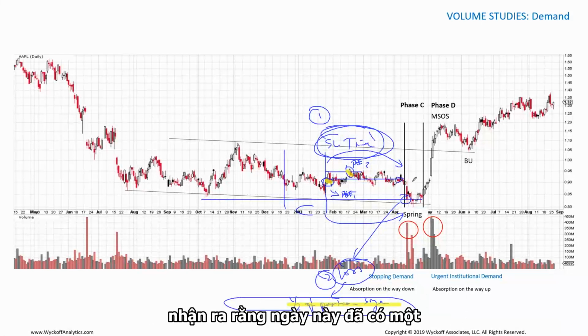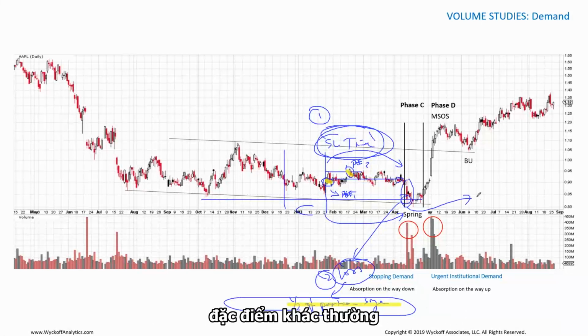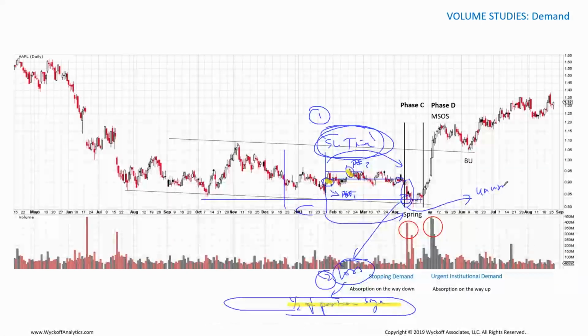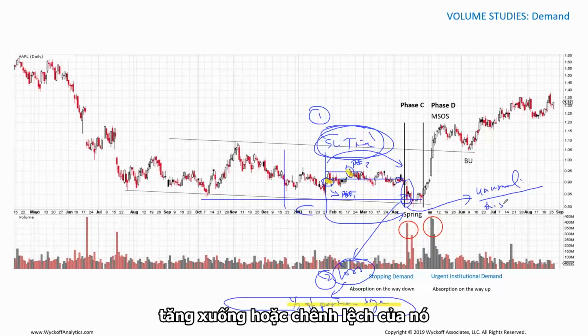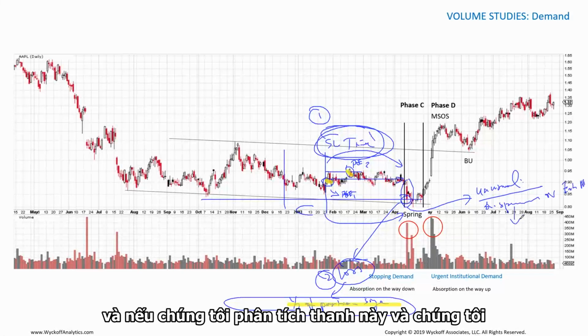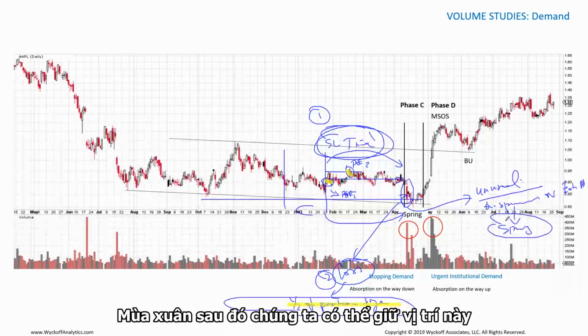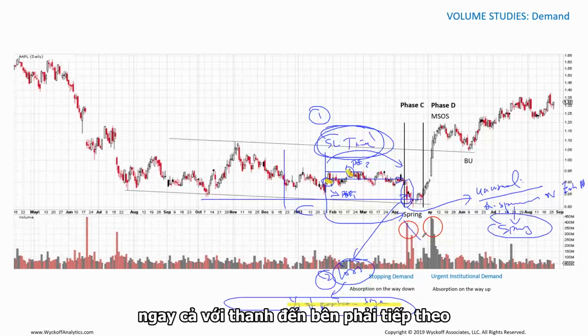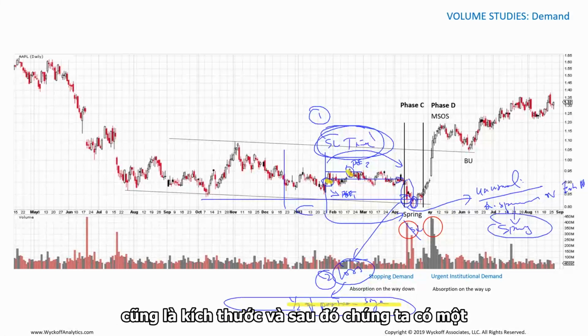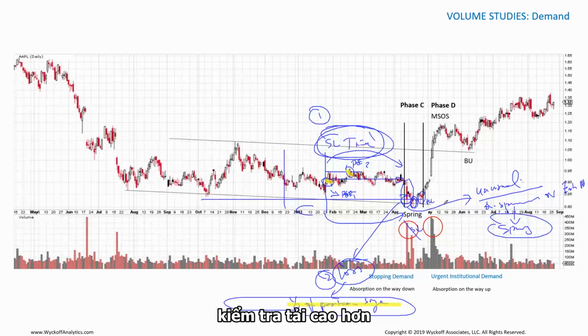Of course, there is a third decision here. If we're recognizing that this day had a very unusual characteristic of increasing downward spread on extreme volume signature, and if we analyze this bar and we're going to say that this is a potential spring, then we might keep this position on, even with the bar that comes next right here, because supply is diminishing, result is diminishing as well, and then we have a high low test.